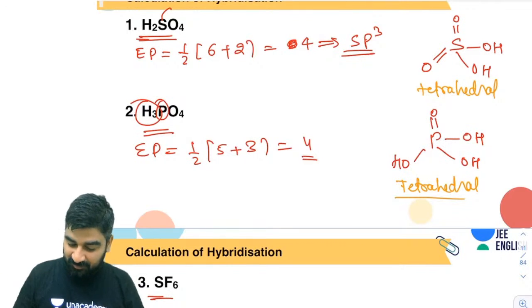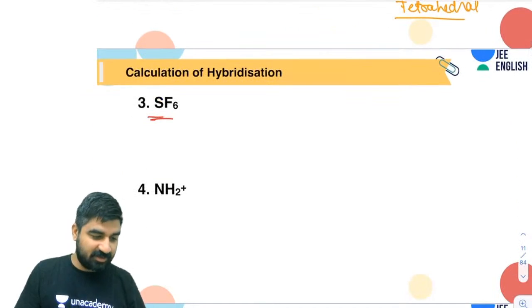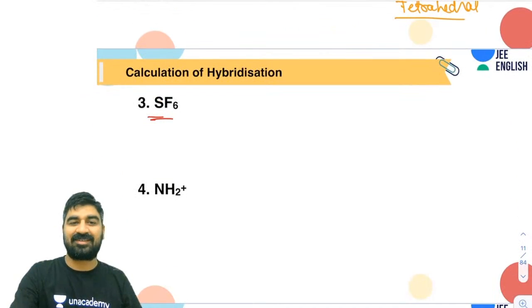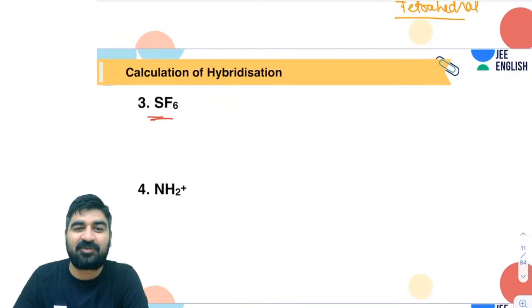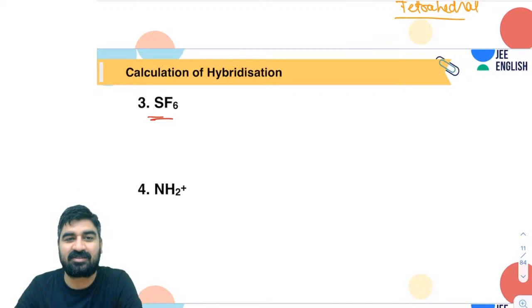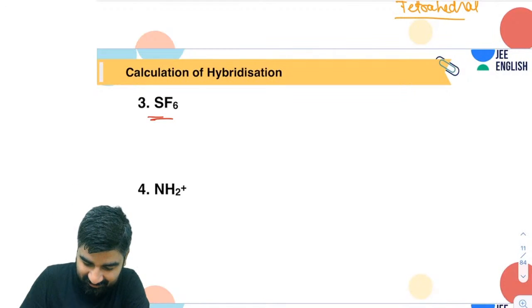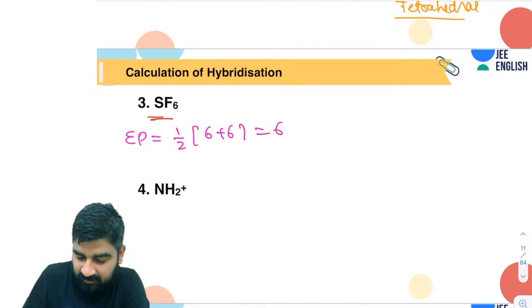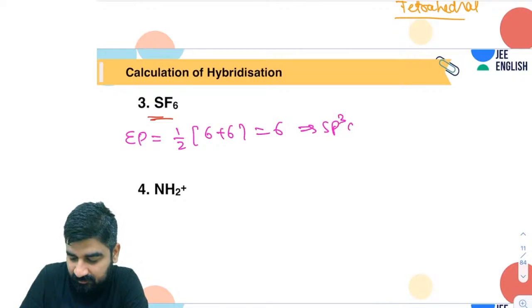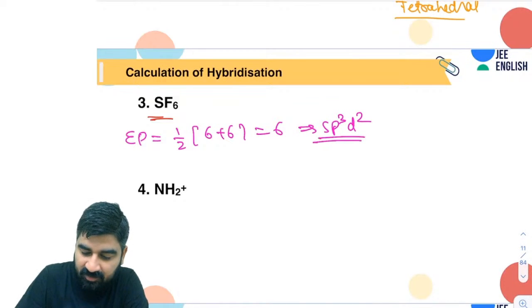So guys, what will be the hybridization for SF6? Can you tell me? What will be the hybridization for SF6? Half 6 plus 6, and it will be sp3d2.